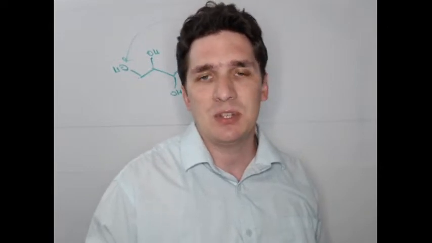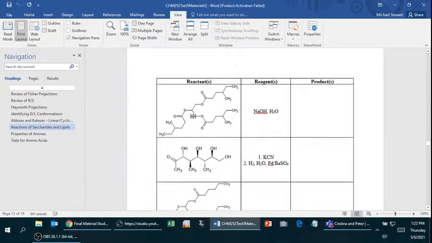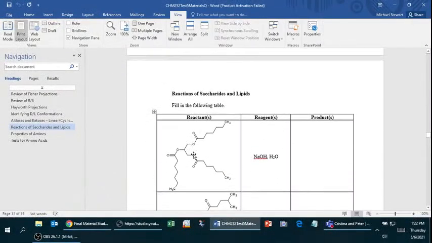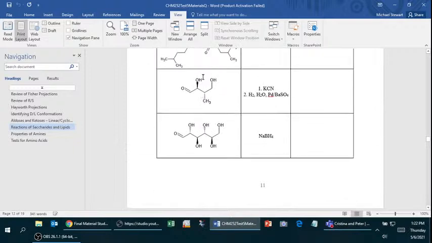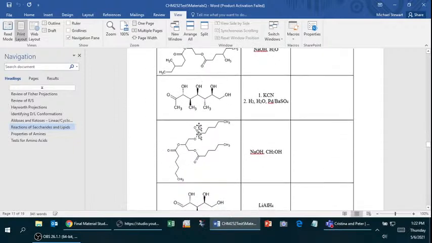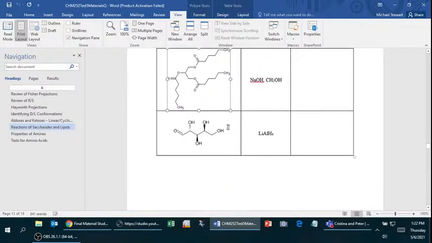This is also a hydrolysis, this is a saponification reaction. So the way you answer this question is the same way you answered this one, and the one beneath it is answered the exact same way. So this KCN one is answered the same way that this one was answered. In AOHCH3, that one is answered the same way that that one's answered. Lithium aluminum hydride does the same thing as sodium borohydride.